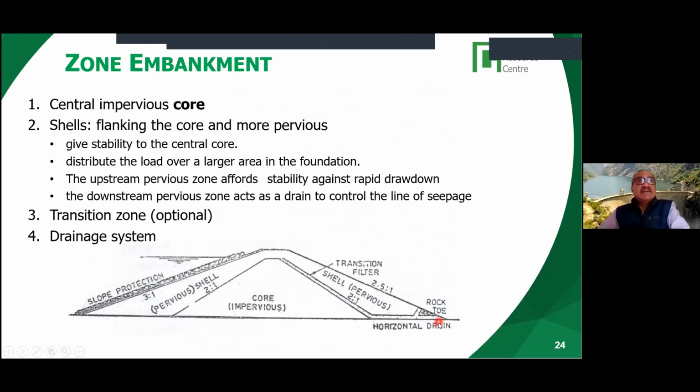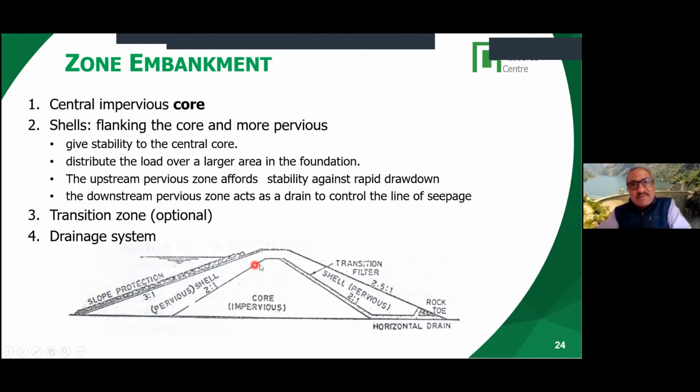Okay, and the other aspect of earthen dams is that they have different zones. They normally have a central impervious core. This is in the center. This is impervious, so seepage is very little over here. Then you have what is known as the shells, flanking the core and more pervious.